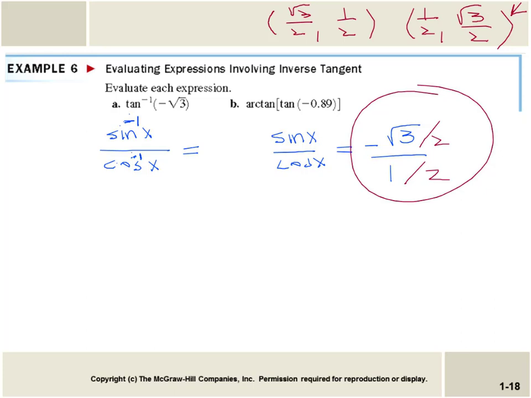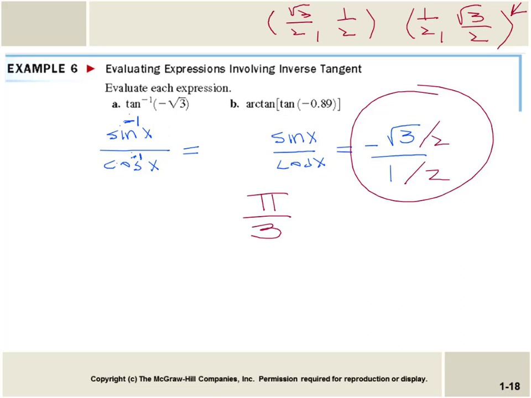Reference angles are always in quadrant what? 1, exactly, so it can't be right. So what is the reference angle? Pi over 3, exactly. So my reference angle is pi over 3.